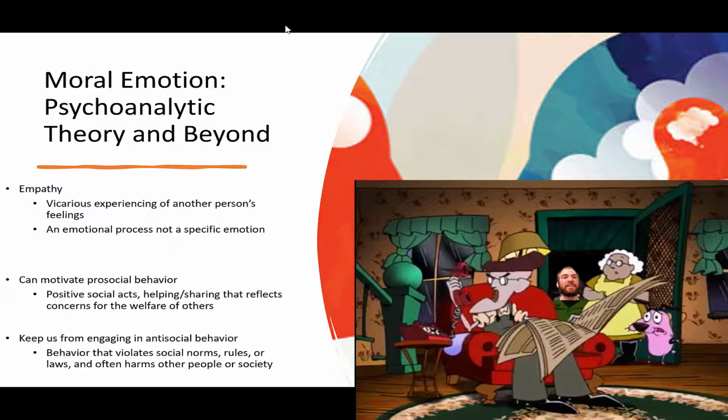So the idea here, empathy, this emotional process wherein we vicariously experience another person's feelings, allows us to understand the perspective of others and thus motivates us to behave prosocially. So being concerned with the general welfare of others, helping, sharing, all those good things, and minimizing antisocial behaviors, like doing specific harm to other individuals, for example.